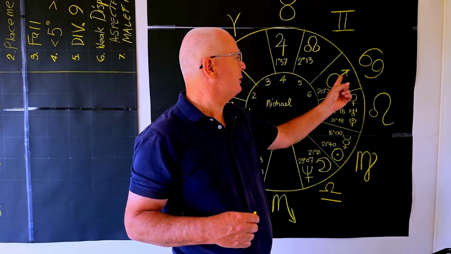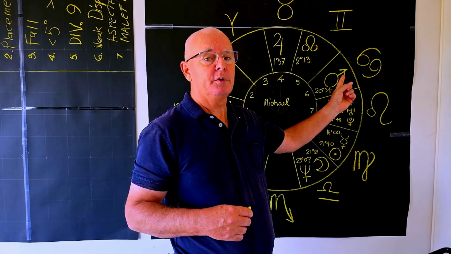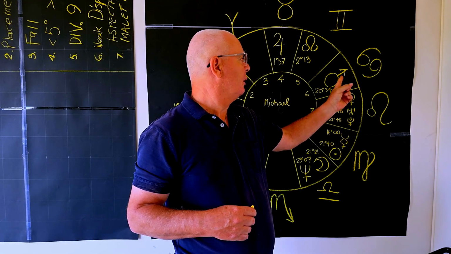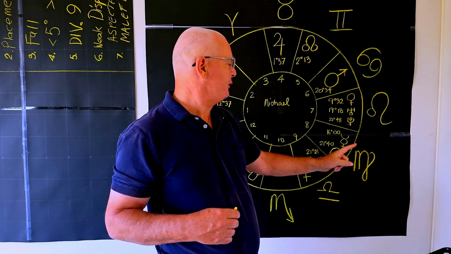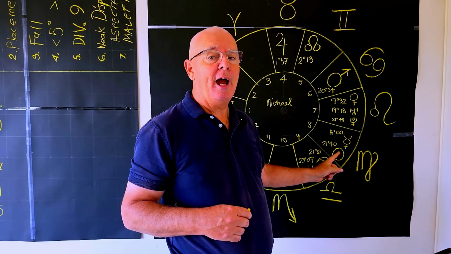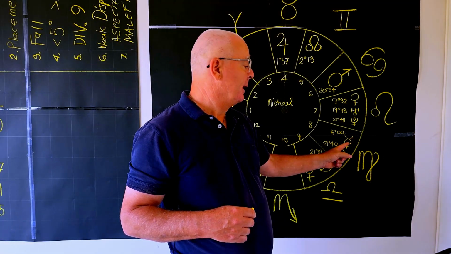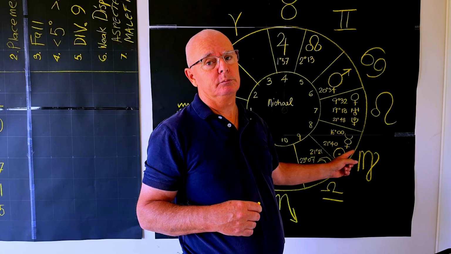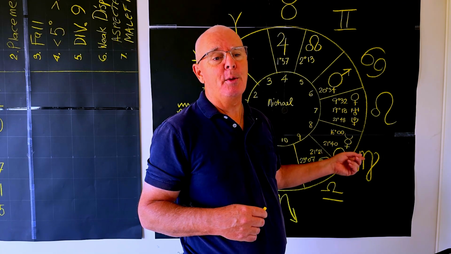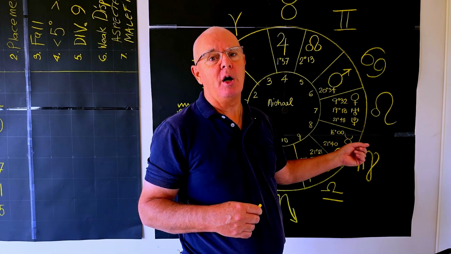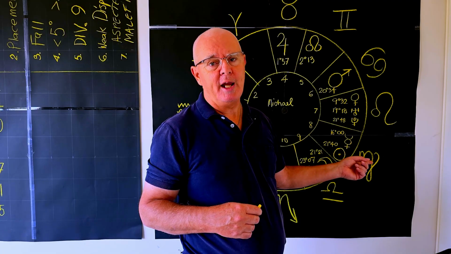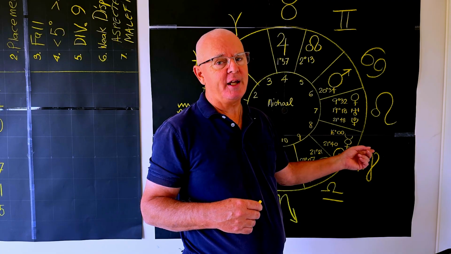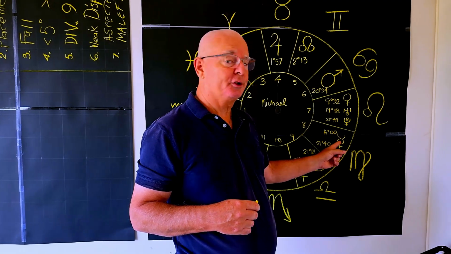So over here, when we look at the chart, this is the 6th house, Mars is weak. It's not in its own sign, so Mars is weak. 8th house, Mercury and the Sun are in the 8th house. Actually, Mercury doesn't suffer because it's in its own sign. It's perfectly happy. It's actually the best place, even though it's the 8th house, it's the best house for Mercury in its own sign.